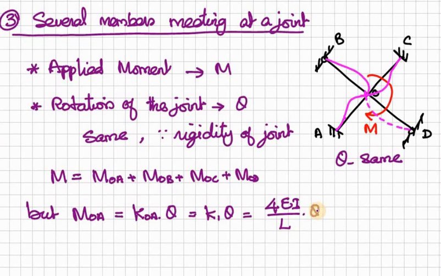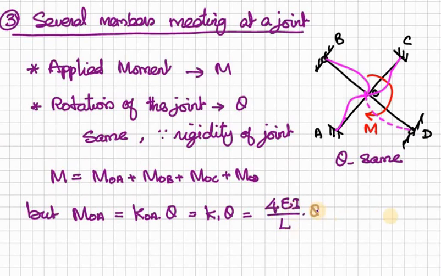Why 4EI by L? Because this is OA, KOA, and at OA this support is fixed, that is, the far end is fixed, the applied end is O. If the far end is fixed, then the beam will have this stiffness, that is 4EI by L. That's why K1 or KOA is equal to 4EI by L into theta.